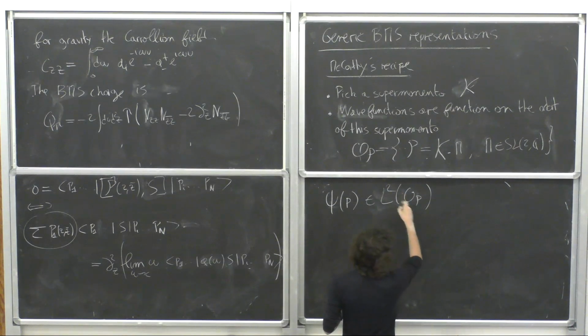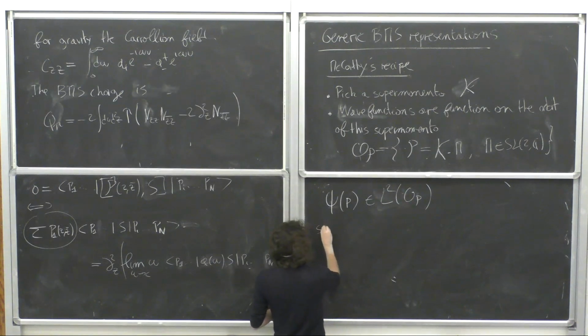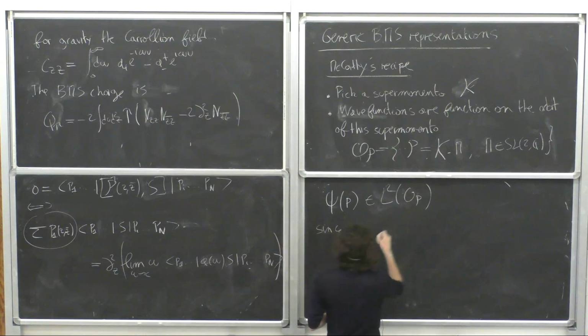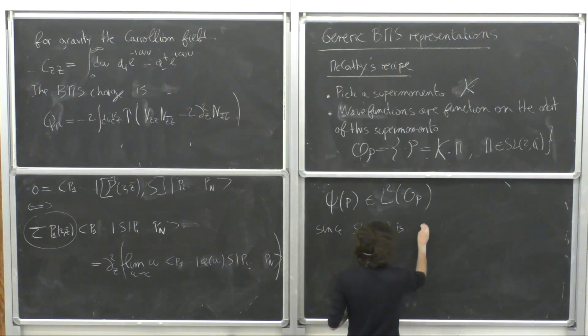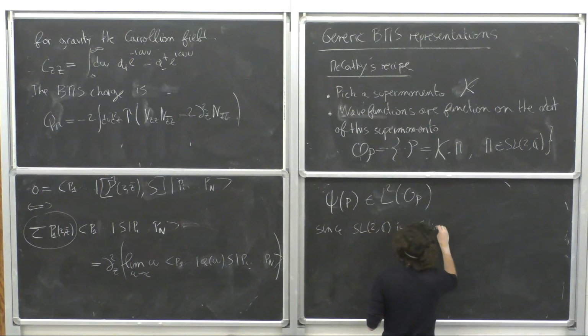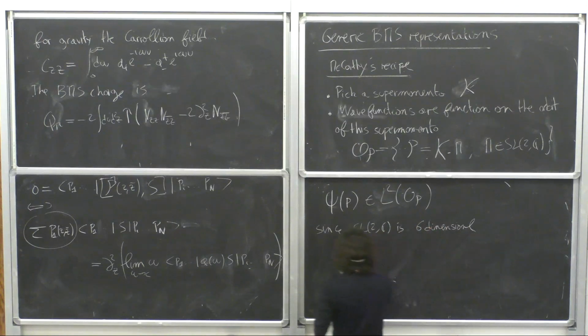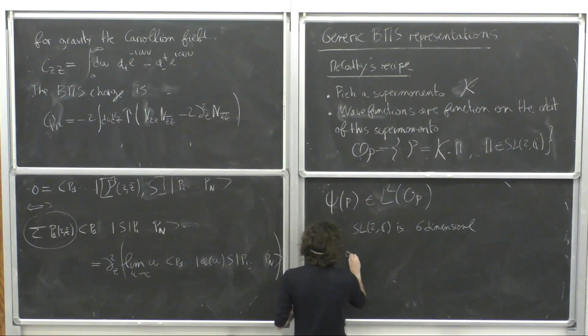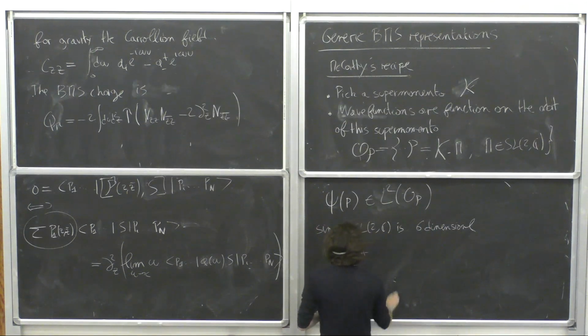But you see, since SL2C is finite dimensional, it is 6-dimensional, the orbit is also at maximum finite dimensional.